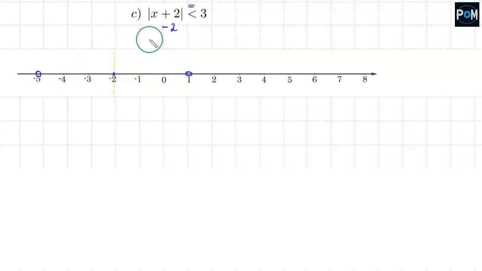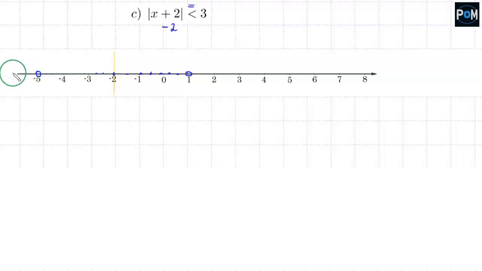What we're interested in is for it to be less than 3. This distance from that point -2 needs to be less than 3. So, since here it is equal to 3, less than 3 will be everywhere here. The distances of these points from this number -2 are less than 3, and the same goes for the points to the left. Everywhere here is less than 3.